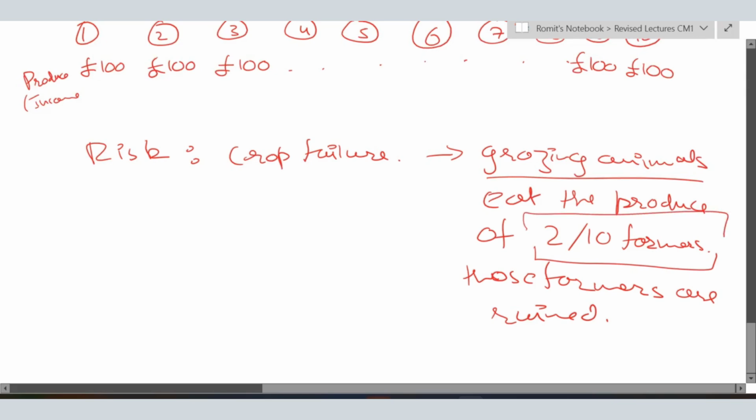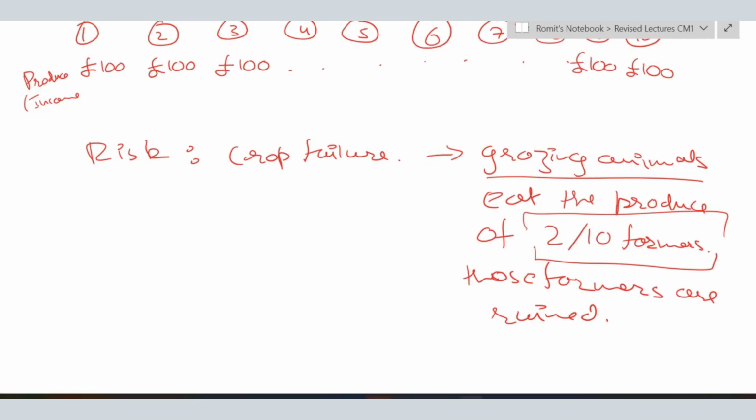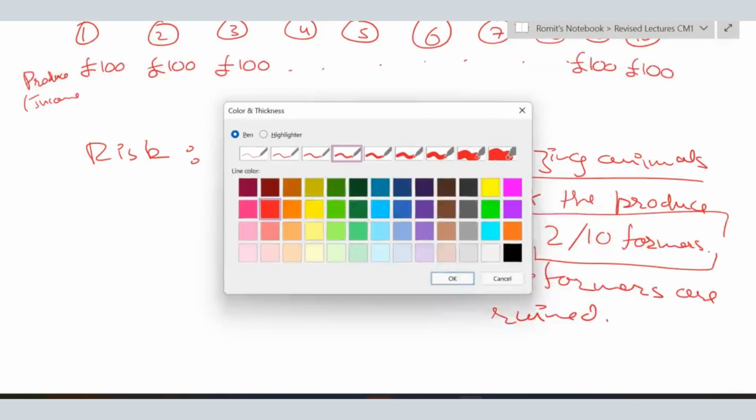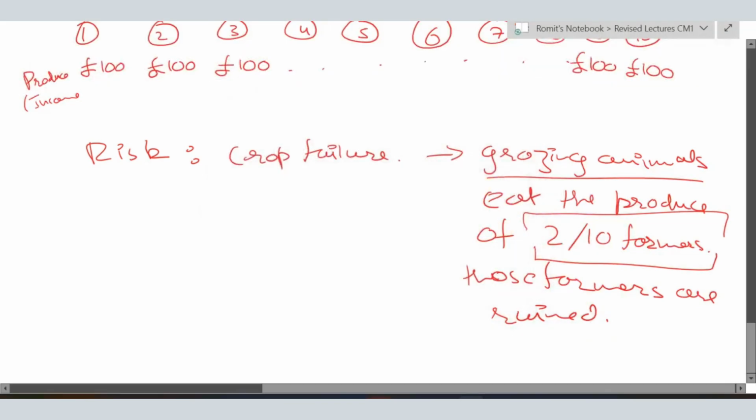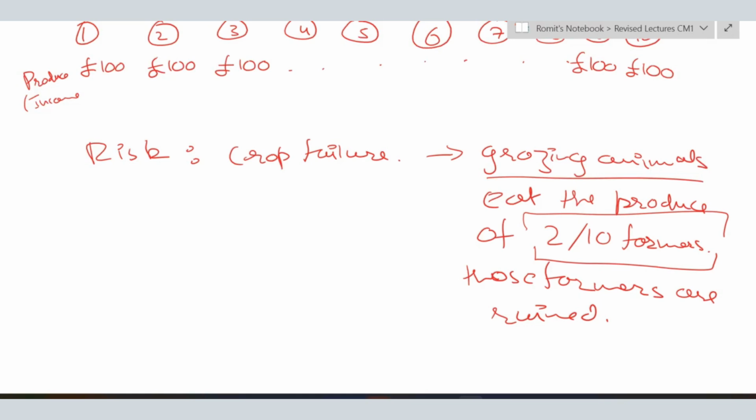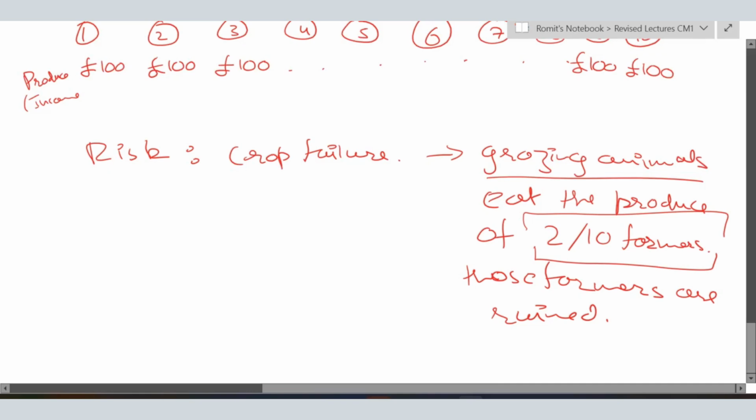You don't know which 2 it will be, they don't know which 2 it will be, but it will be exactly 2, and whoever is affected will be ruined completely, and there is no way they can prevent these animal attacks. Let's just assume there's nothing that they can do to prevent these attacks.